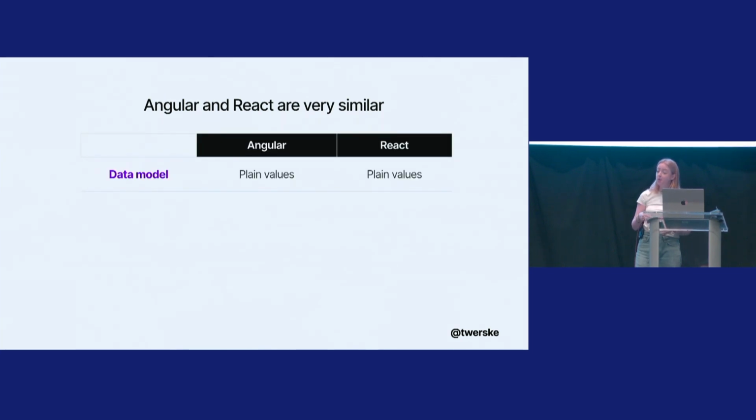So in both frameworks, we use plain values, no special wrappers. And when I go to change a value, there's some trigger in each framework that knows when to run synchronization, right? It knows when to take those values and give them to the page in some way so that your users can fill out a form or read your blog or whatever you're doing.